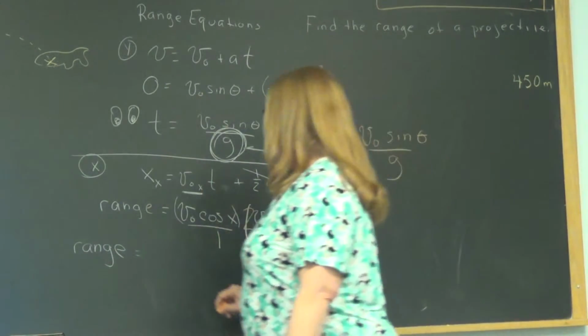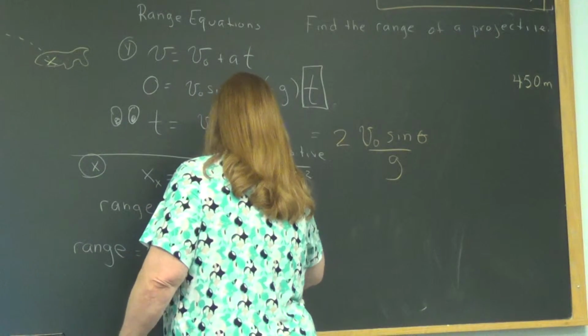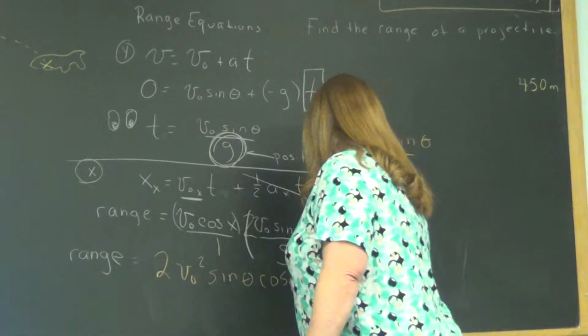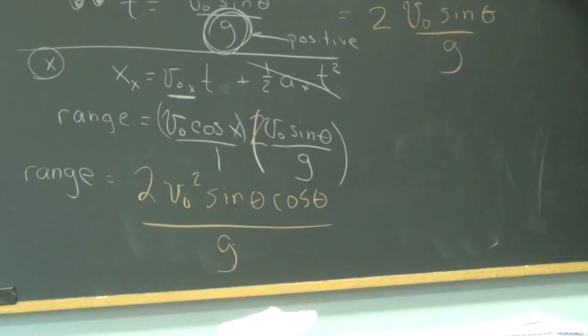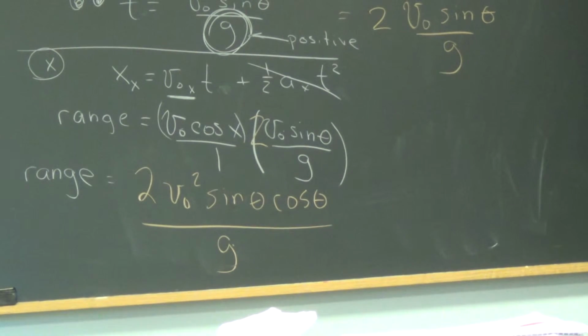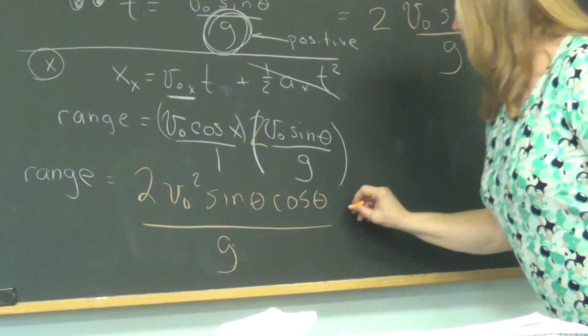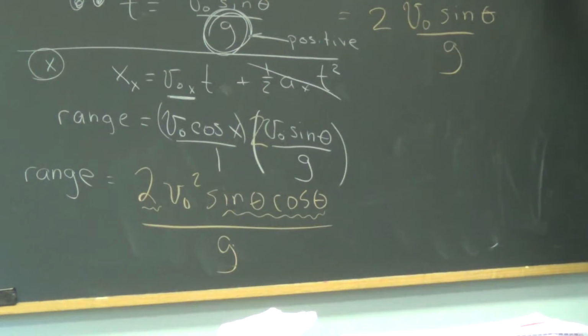It's 2 v sub o squared, sine theta, cosine theta, and that's over g. As you can see, there's a direct substitution now. We have a 2 in the numerator, we have a sine and a cosine. 2 sine and cosine, so I can replace this part with this substitution.